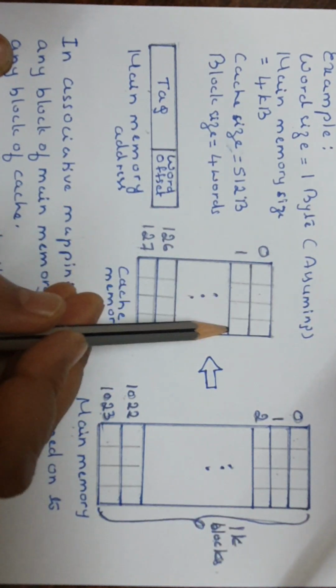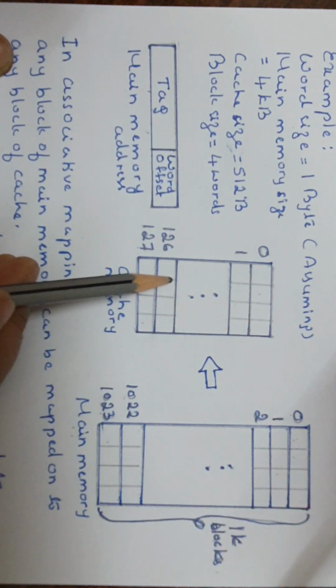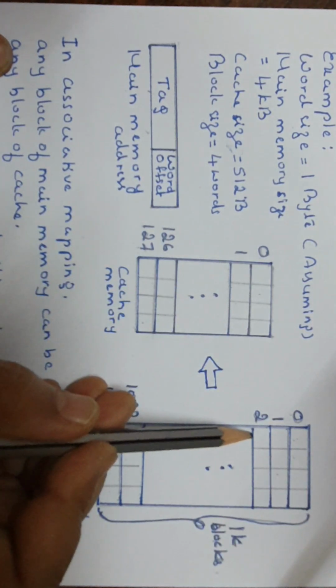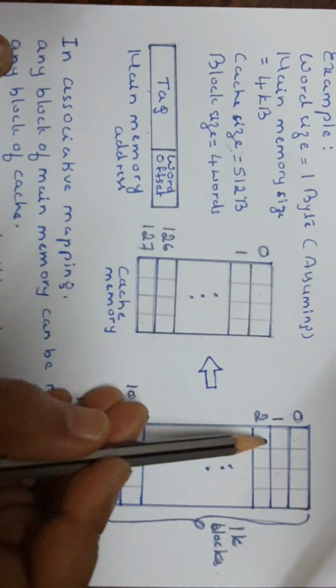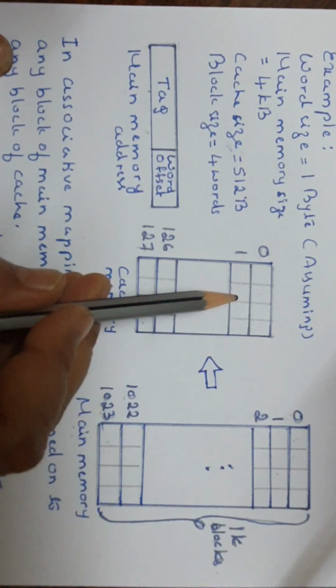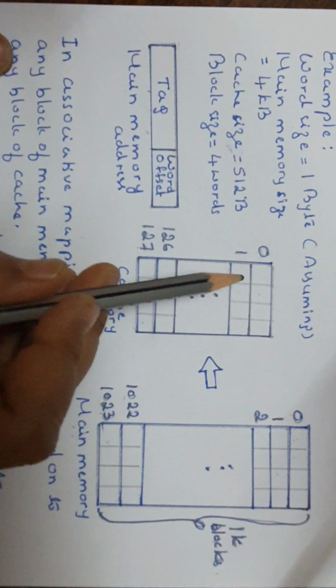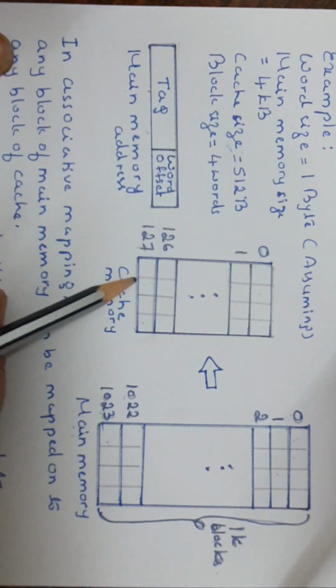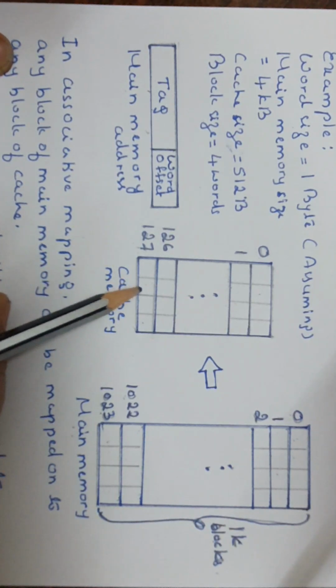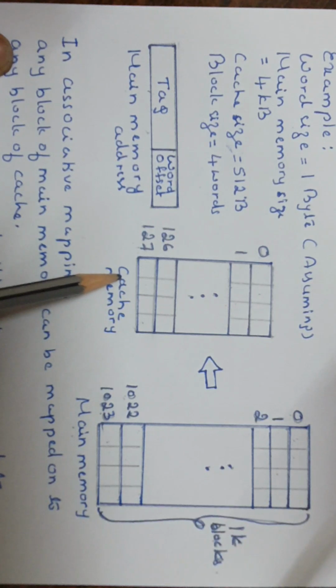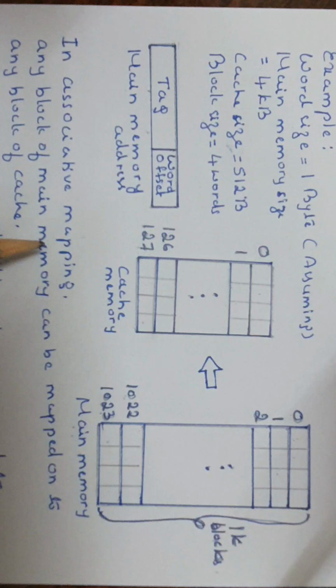Not just one block is fixed by a formula. Any block from main memory can be copied into any cache block. So flexibility is more in associative mapping when compared to direct mapping.